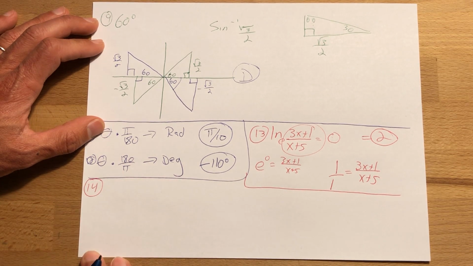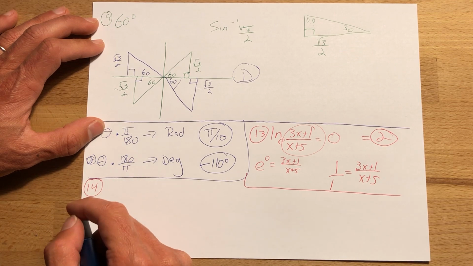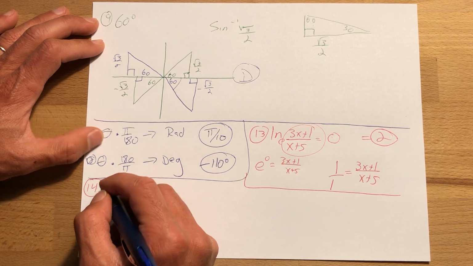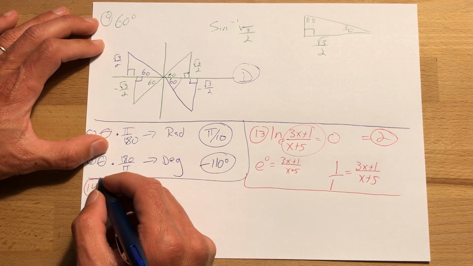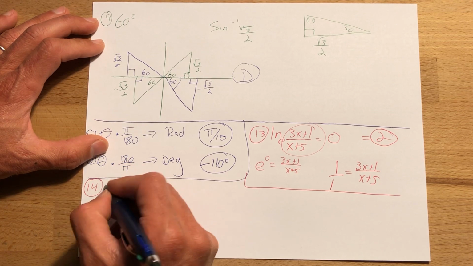Now, number 14. What I'm going to do for number 14 is move the one side equal to 0. Oh, let's do this first.